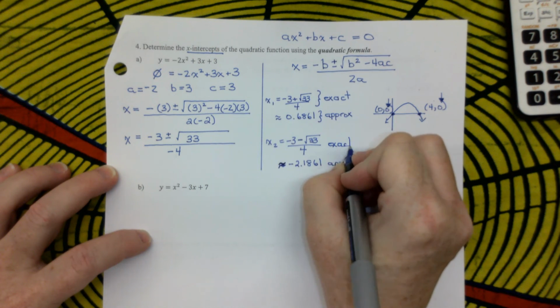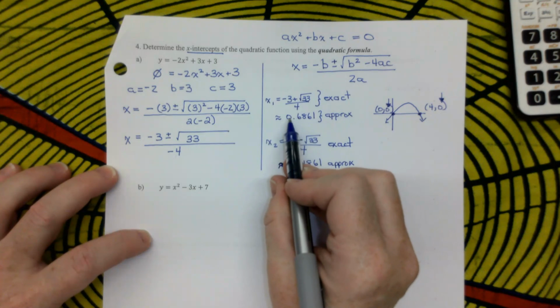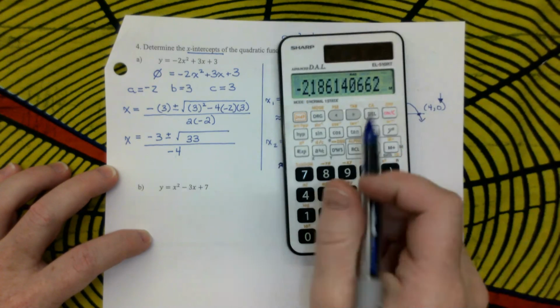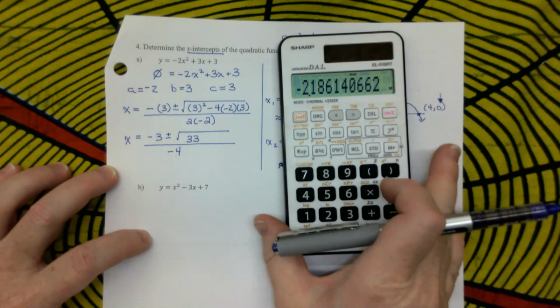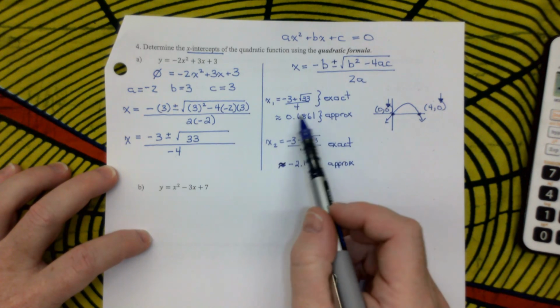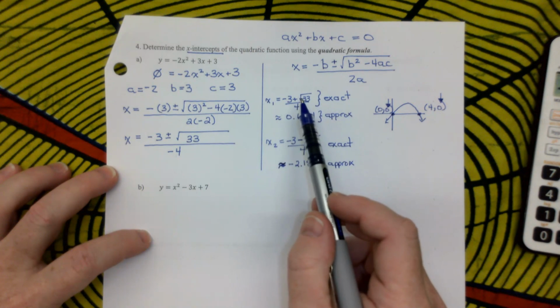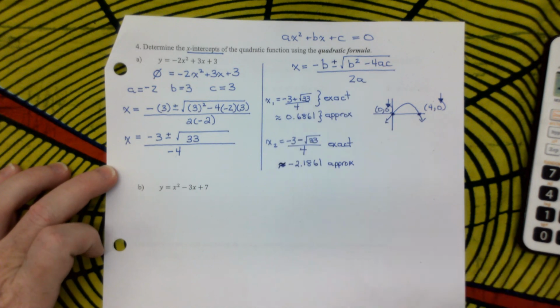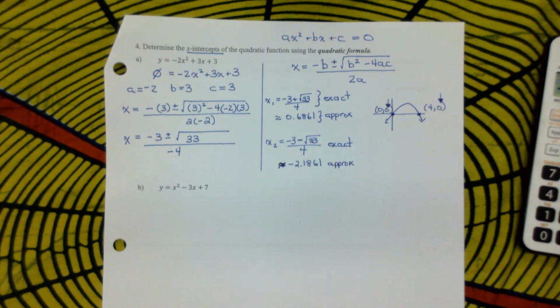So if you put this in the calculator and you get a decimal that doesn't end, and it's asked for exact, then don't bother putting it in the calculator. Just stop here. Anyway, that is the quadratic formula.